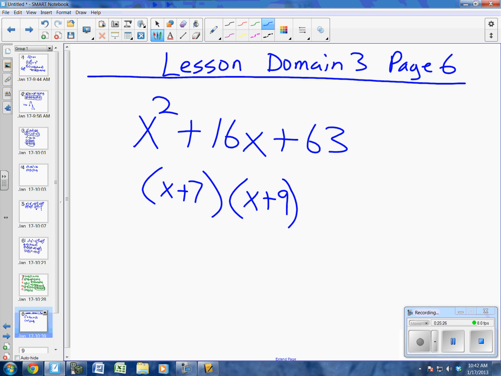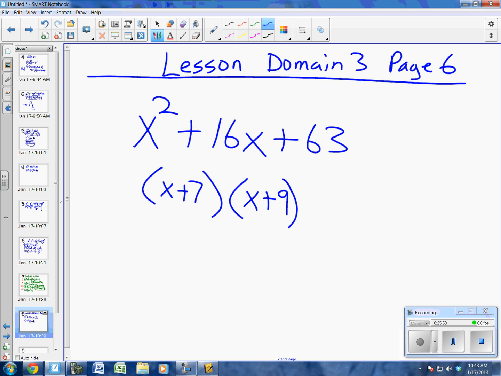Once again, does it matter which order they're in? Well, let me explain it this way. I want the two numbers when I multiply them together to be a positive 63, right? And when I add them together, I want them to be a positive 16.